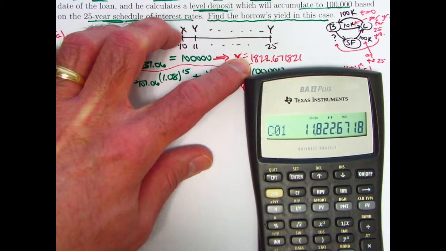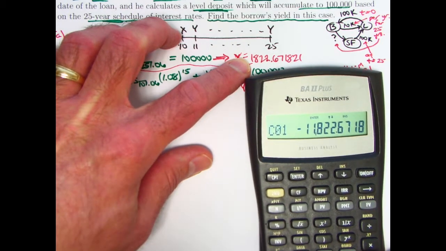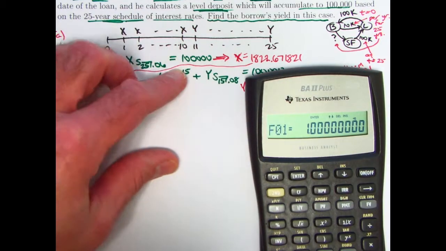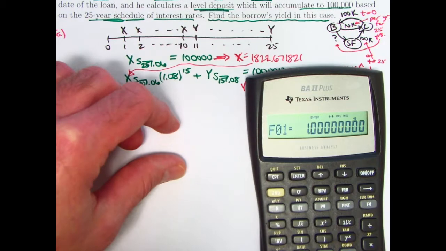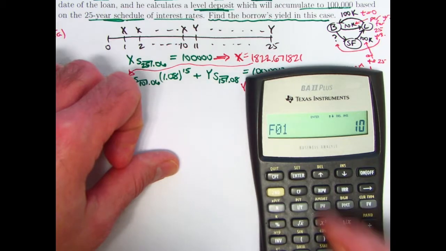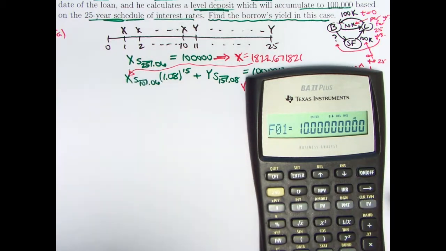Let's go that far. With a minus sign. That's going to go into C01, enter that. And now the frequency, make 10 instead of 1. We haven't made this something other than 1 before. But those 10 payments for the first 10 years will now go into F01.